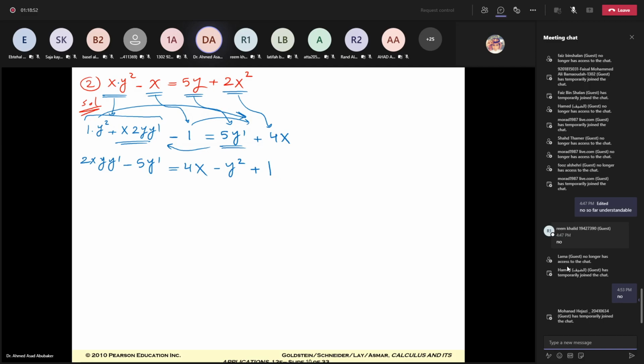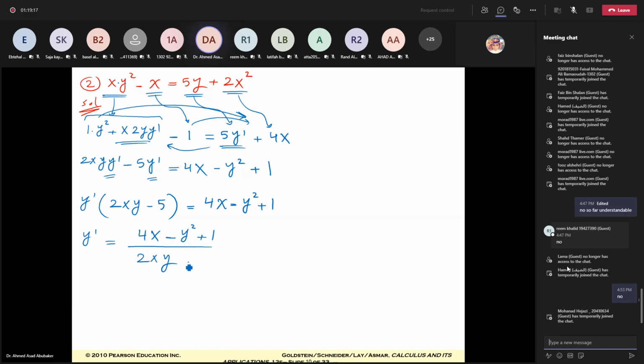Take y′ as a common factor, so we have y′ times (2xy minus 5) equals 4x minus y² plus 1. So we have y′ equals (4x minus y² plus 1) over (2xy minus 5).